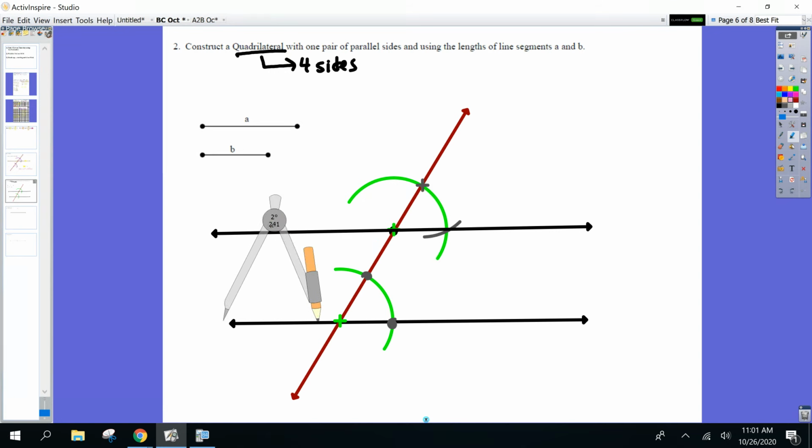Pick which side of the transversal you're going to work on. I'll start A right here at the bottom parallel line for me, and I'll just make an arc. Remember how to copy? Make an arc. So there is side A for me right here.